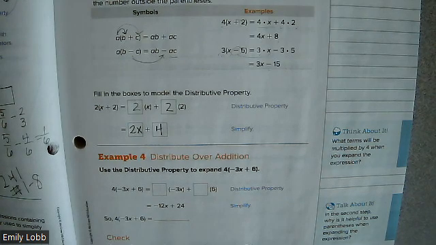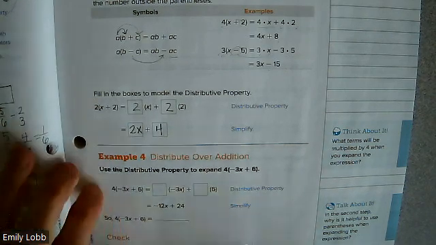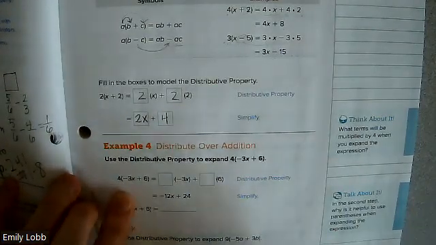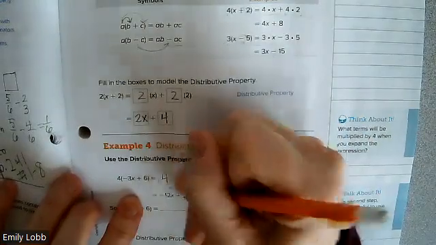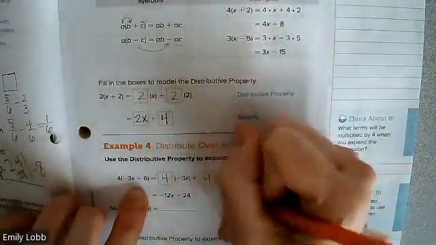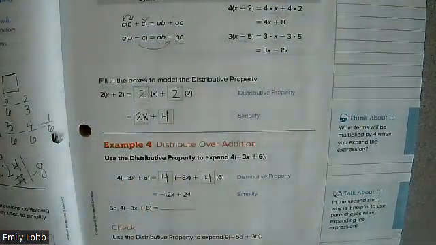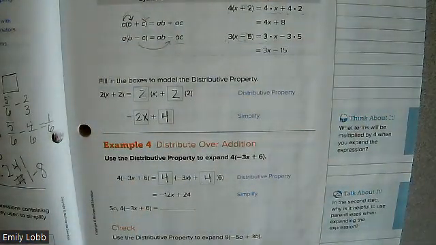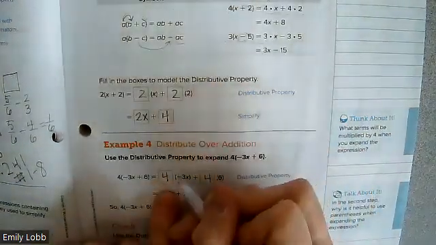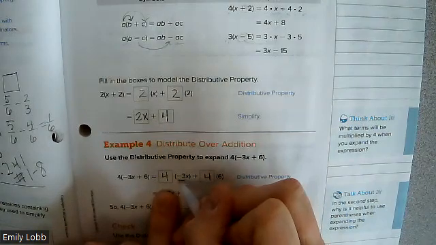Now, they're saying this 4 is being multiplied by the first term, so that's what they're putting here. And it's being multiplied by the second term, so that's why they're putting it here. Now, when we have a coefficient, we're saying 4 times a negative 3.